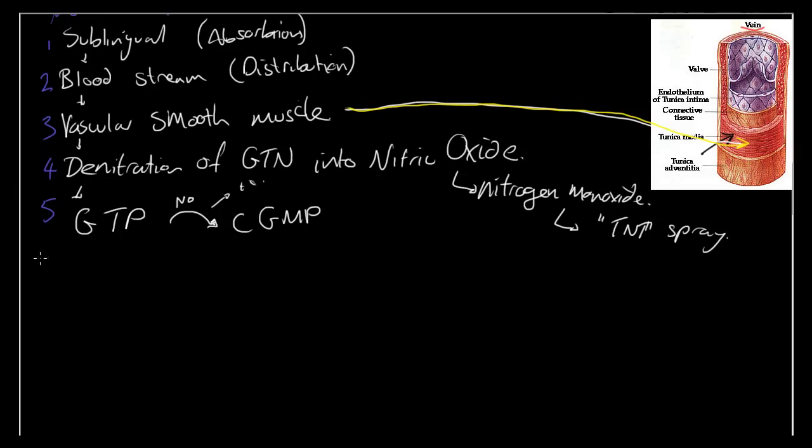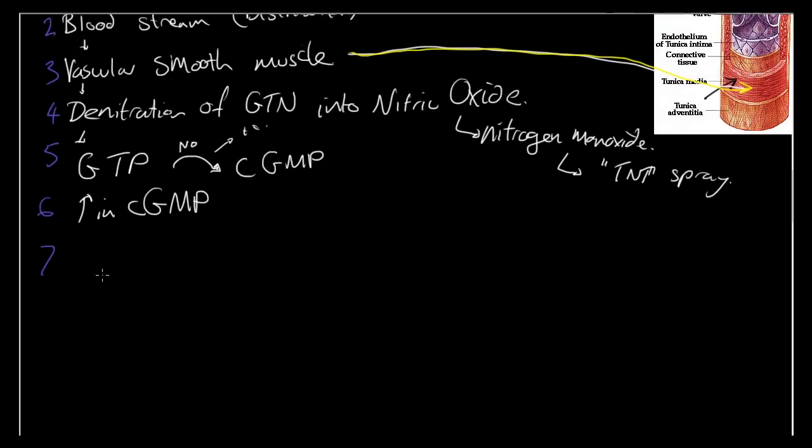So let's go 6, 7 here. Keep going. So we get this increase in cyclic guanosine monophosphate, and it's this increase that actually results in 3 things. Let's see where I'm at here. We'll just go 1, 2.